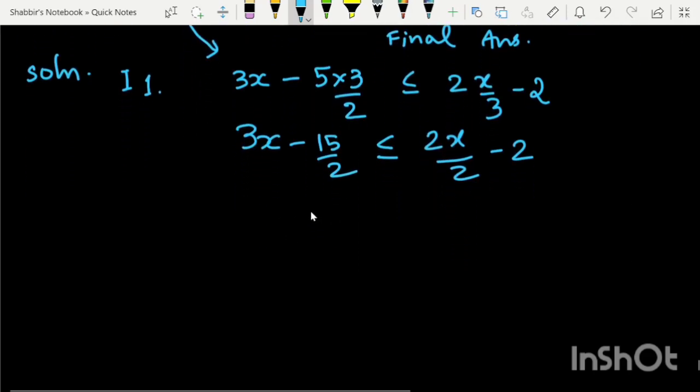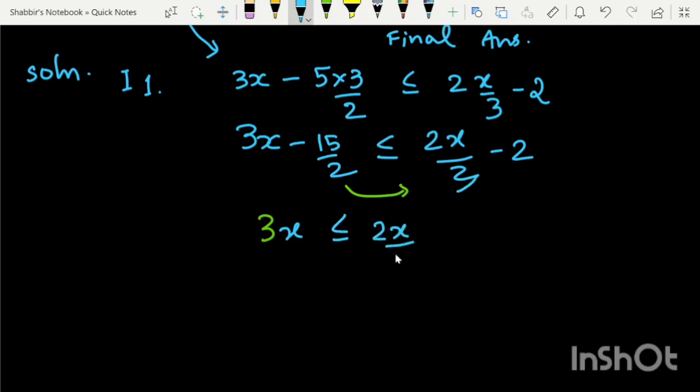Now I will take this minus 5 by 2 on the right hand side, so 3x less than equal to 2x by 3 minus 15 by 2 will become plus 15 by 2 minus 2.